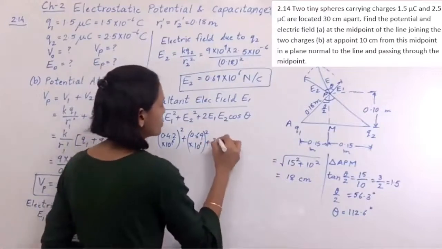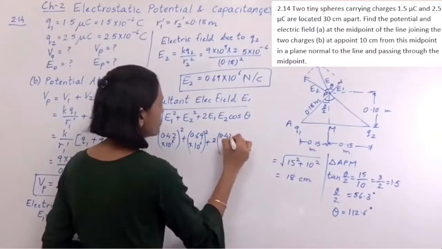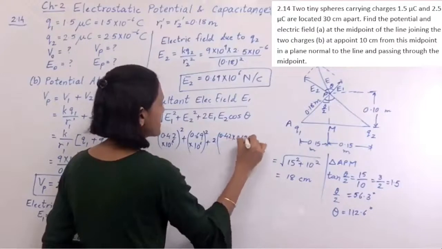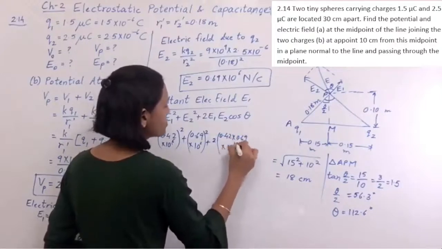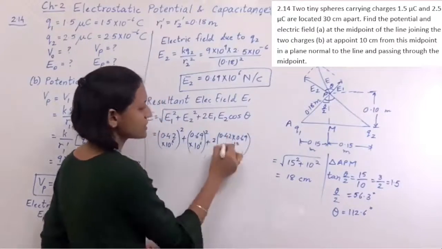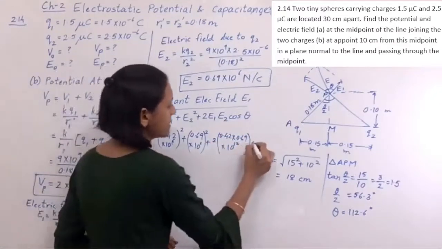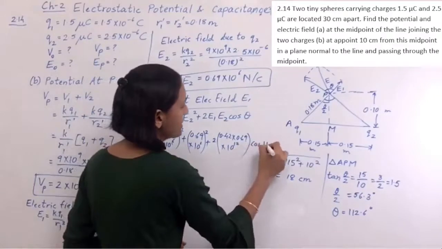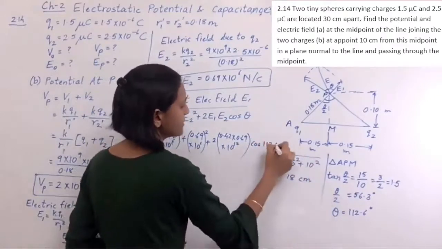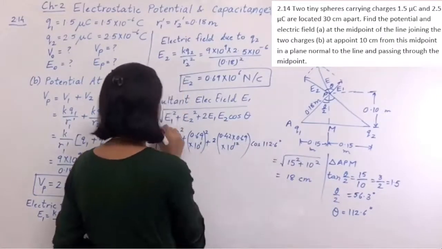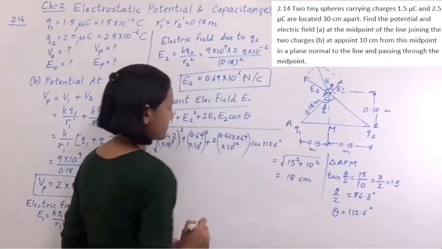Then 2 times 0.42 times 0.69 into 10 raised to 12, right? 10 raised to 6 for this, 10 raised to 6 for this, that will be 10 raised to 12, and cos 112.6 degree, and its root.